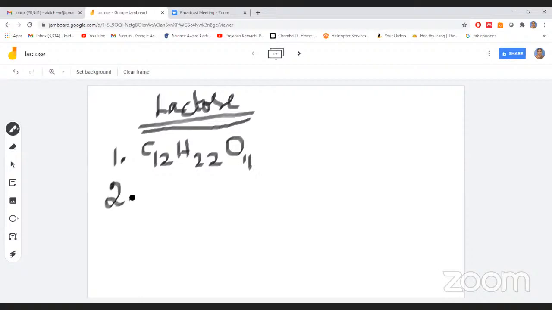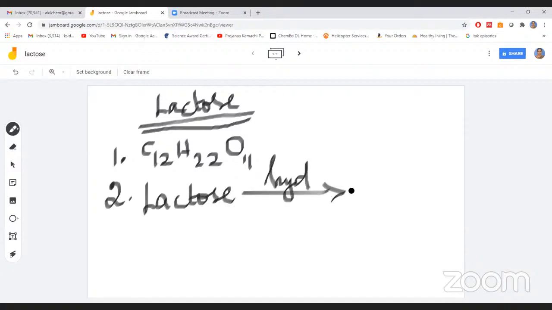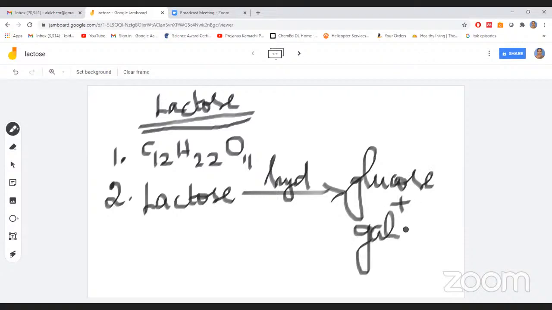The second point is lactose on hydrolysis gave two monosaccharides, namely glucose and galactose. So we can understand that the disaccharide made out of glucose and galactose units is lactose.